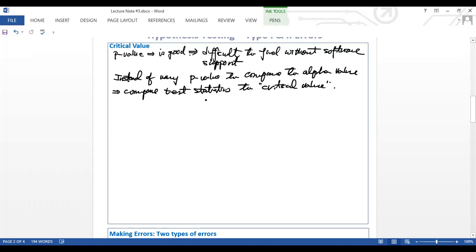Okay, so why is the p-value difficult to find? Because the p-value depends on the distribution of your test statistic.